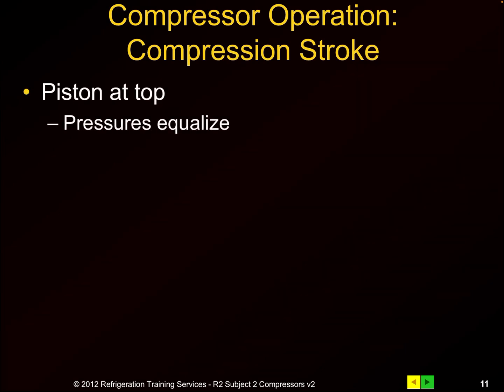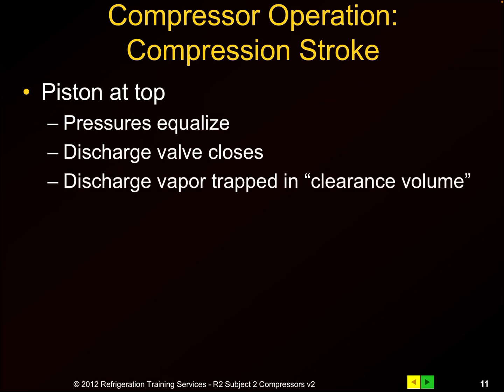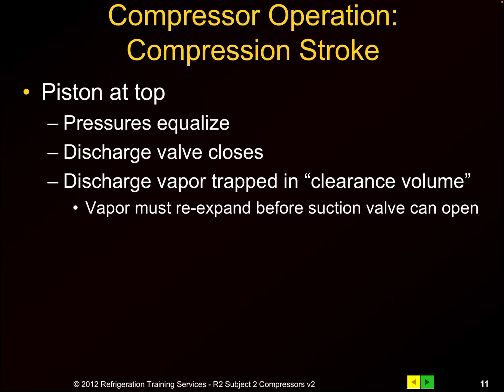So in the compression stroke, the piston's at the very top, the pressure's equalized, and the discharge valve closes. Once we reach what we call top dead center, the discharge vapor would be trapped in the clearance volume. We're going to talk a little bit about that, and I'll show you. That clearance volume is that unused space between the top of the piston and the valve area.